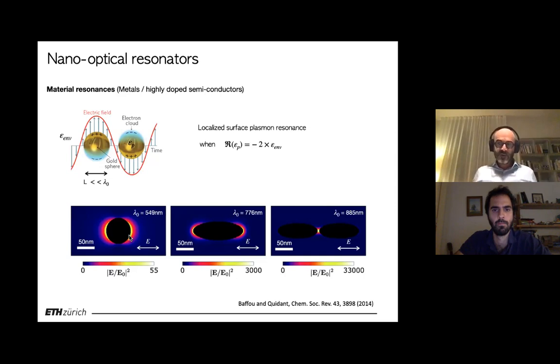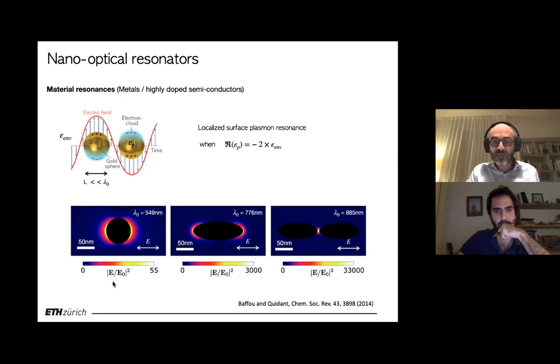And what is nice about plasmonics is that when I start playing with the geometry of the particle, but also when I start using collective effects between adjacent particles, like in this right simulation, I will be able to gain even further control over the near field.